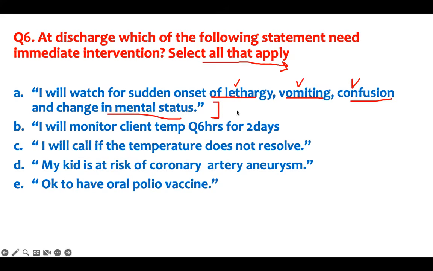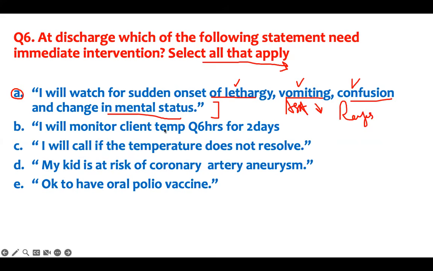There's no trauma anywhere. That means we're giving the kid something that has caused the kid now to become lethargic, vomiting, confused, and with mental status change. We've already hydrated them. This is your Reye syndrome. It's because we're giving them aspirin. So, yes, mommy, watch for that.